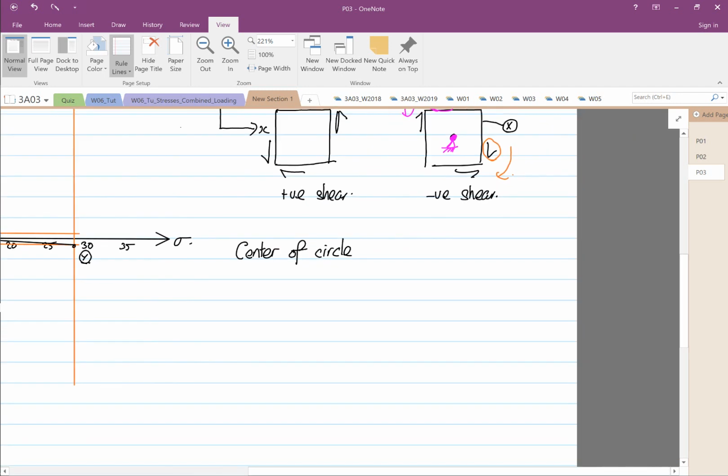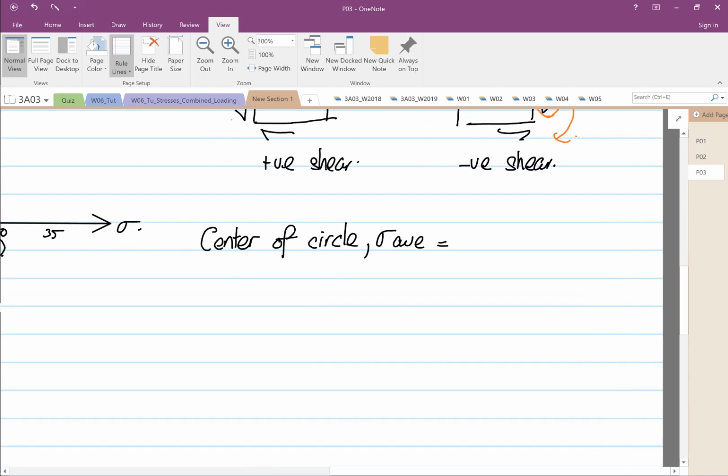It will correspond to our stress average, which is equal to stress Z plus stress X divided by 2. So we know that this is 29.853 plus 0 divided by 2.